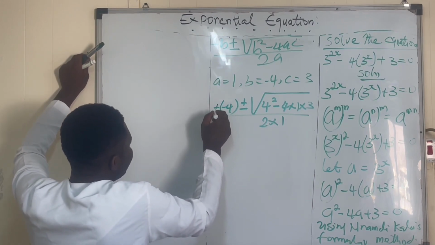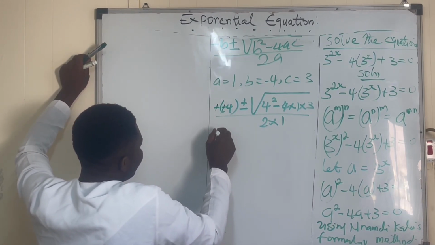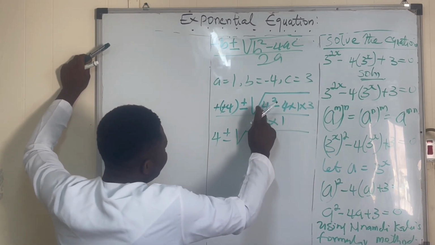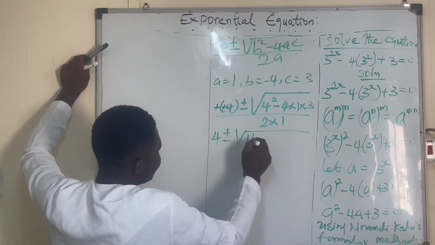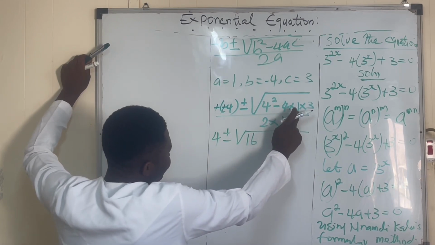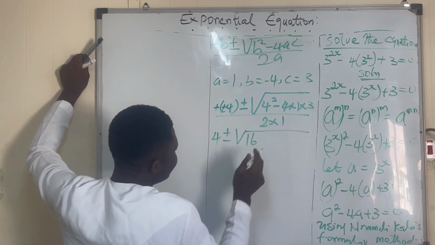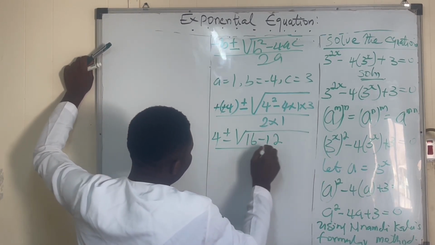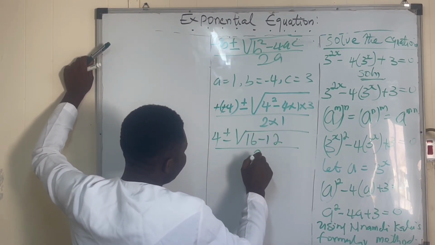So from here, we proceed. Minus cancelled with minus gives 4, plus or minus the square root of 4 squared, which is 16, minus 4 times 1 times 3, which is minus 12, all over 2 times 1, which is 2.